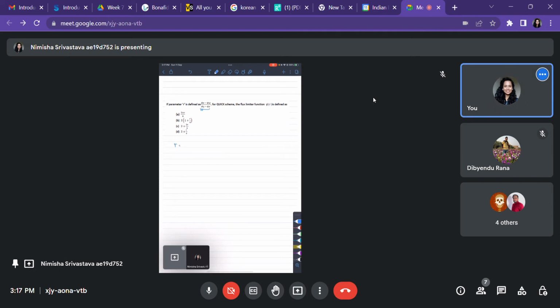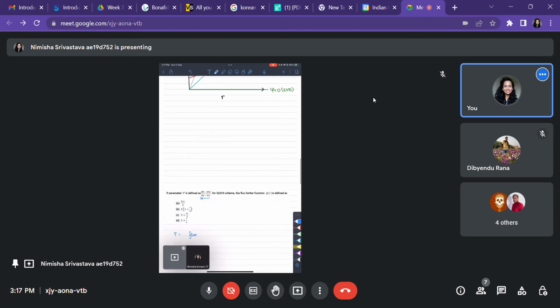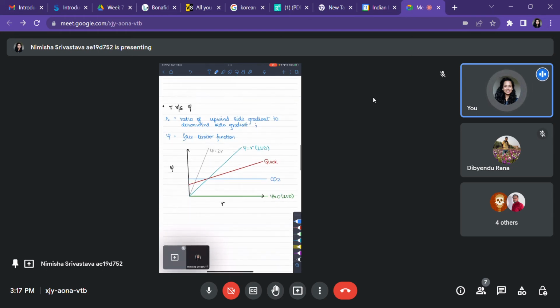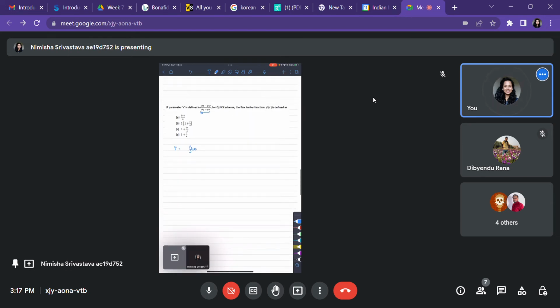That is, r is the upwind side gradient to downwind side gradient. So this is essentially the same thing, but it has just been represented in terms of finite differences of the property phi. So this phi is the property.